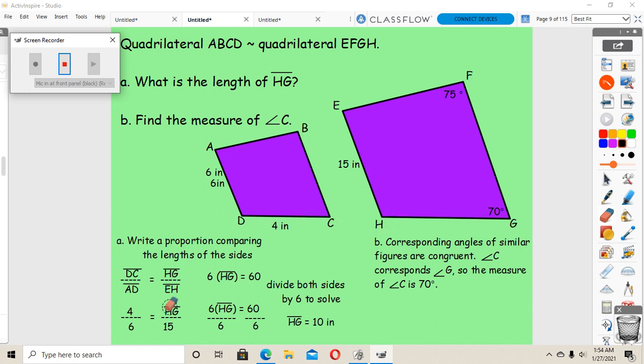We put the values: DC is 4, AD is 6, equals HG, which is unknown, over EH, which is 15. When we solve it with cross multiplication, we get HG is 10, and EH is 15.